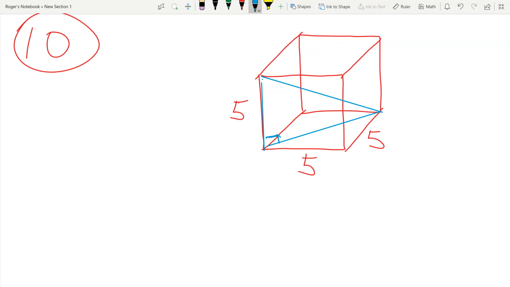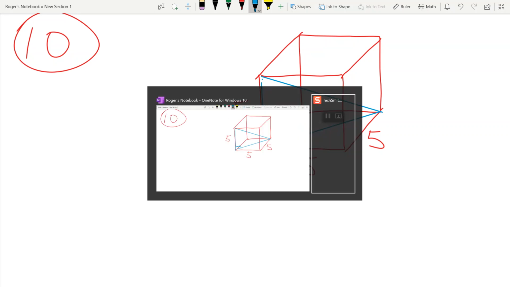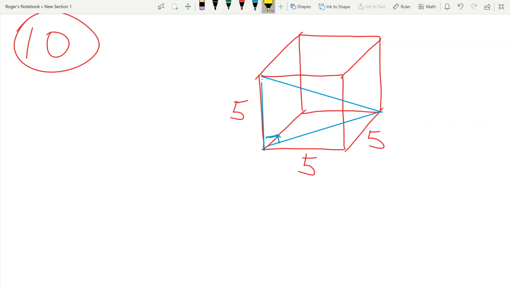These guys right here form the sides of a right triangle, where this is a right angle down here on the bottom, and the 5 and 5 are the sides.